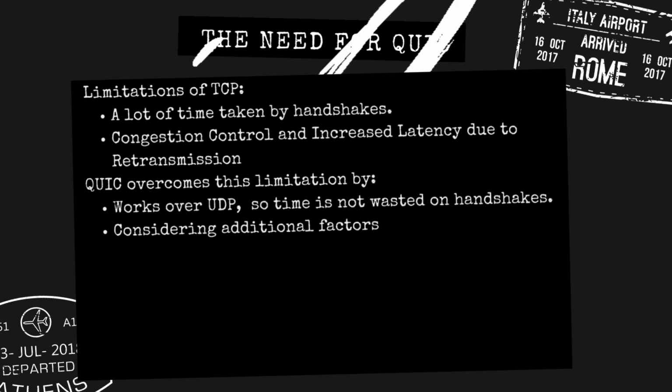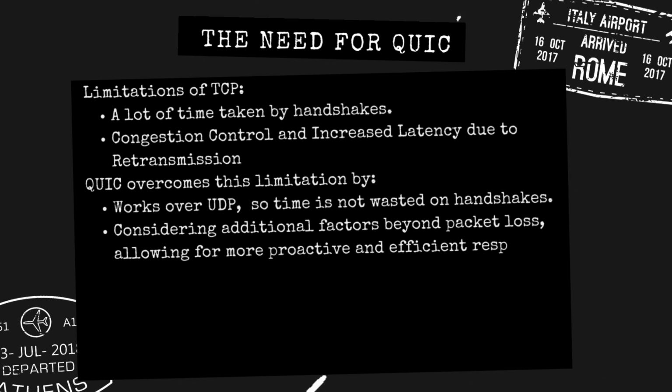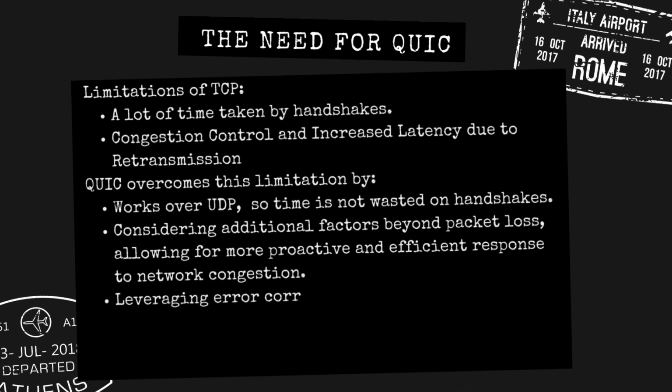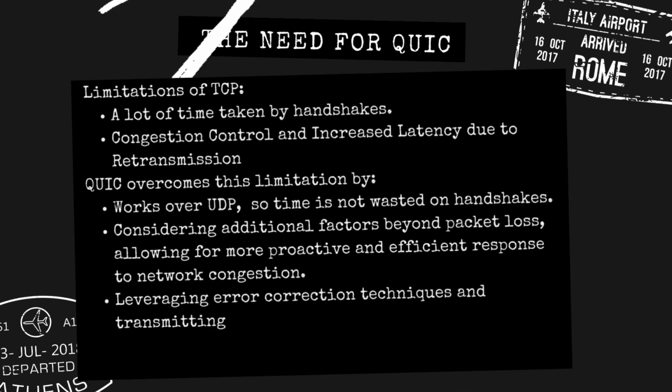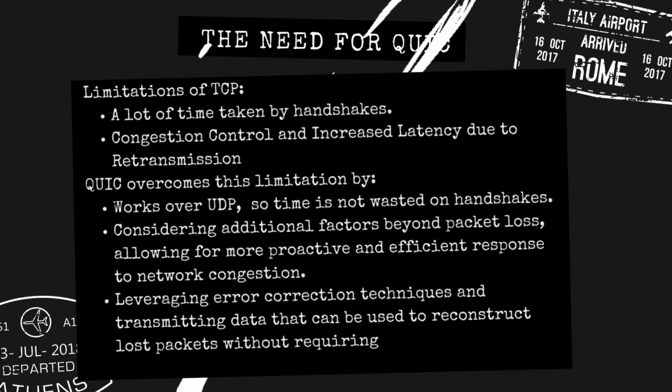Apart from this, congestion control and increased latency are some of the challenges posed by TCP. Its reactive approach relies on detecting packet loss to adjust transmission rates, leading to latency spikes in congested networks. In contrast, QUIC addresses these issues by considering additional factors beyond packet loss, enabling more efficient responses to network congestion.